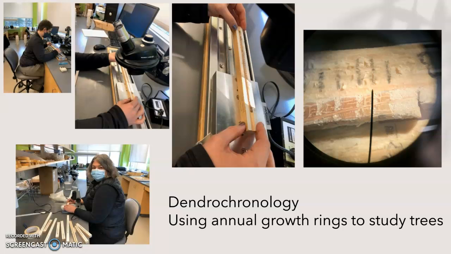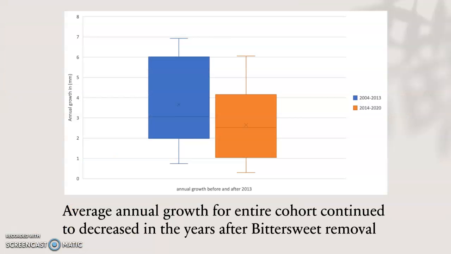We had hypothesized that following the removal of bittersweet, the trees would be in better health, and this would show because there would be more space between each year's net primary production. And to our dismay, the results actually showed the opposite.